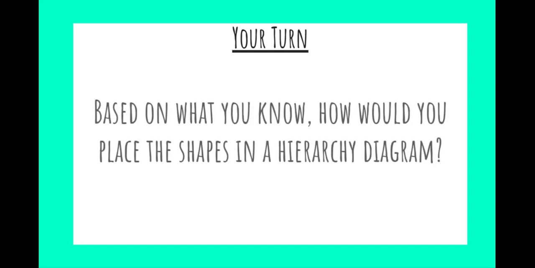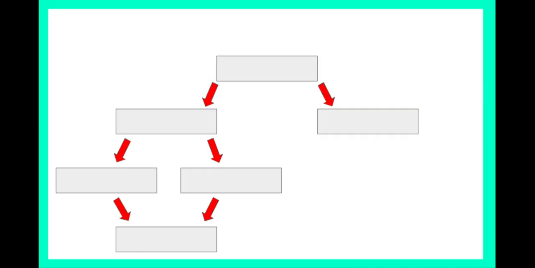So now it's your turn. I want you to take a minute and think about this. Based on what you know from previous videos, or what you may know already, how would you place the shapes in a hierarchy diagram? So here's what the diagram would look like. How would you place the shapes? Here's a great time to pause the video.